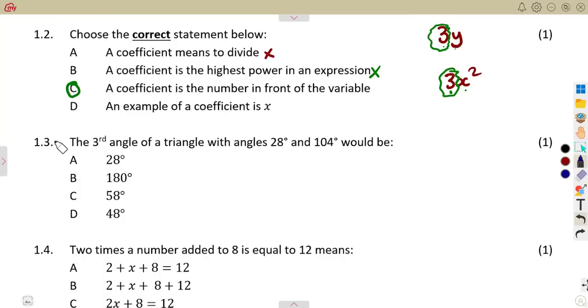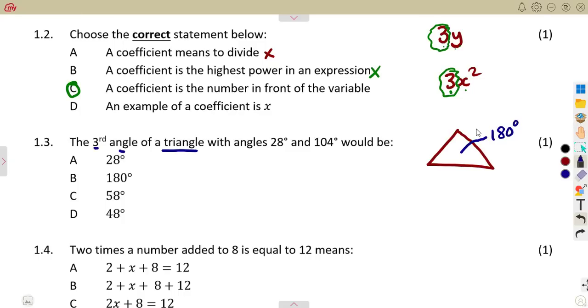On 1.3, we are given two angles of a triangle, 28 and 104, and we want the third angle of the triangle. A triangle, what is it that you think about? The interior angles of a triangle add up to 180 degrees.